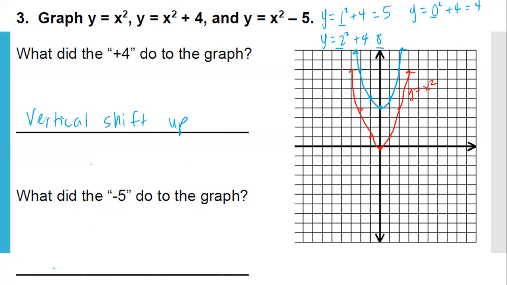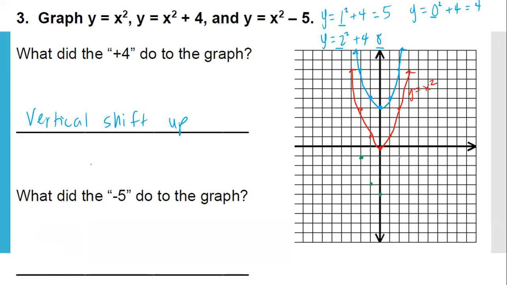So what do you think is going to happen with the 5? It's going to vertically shift the parent function down, right? So if I take each point of the parent function and just shift it down 5, that's where I'll be. So I have 1, 2, 3, 4, 5 down from here, 1, 2, 3, 4, 5, from here, 1, 2, 3, 4, 5.